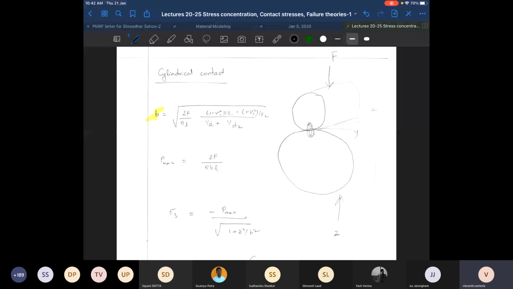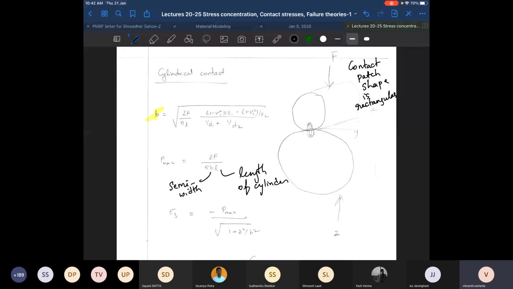So the contact patch shape is rectangular. If it is rectangular, what will you have? You will have the length of the cylinder, L, and then you will have the semi width, B.